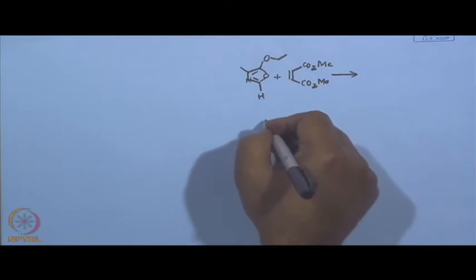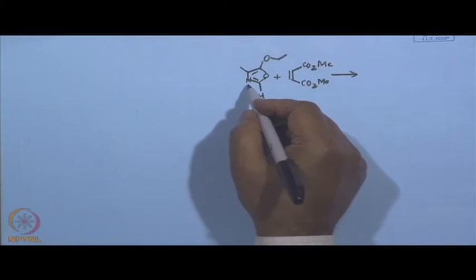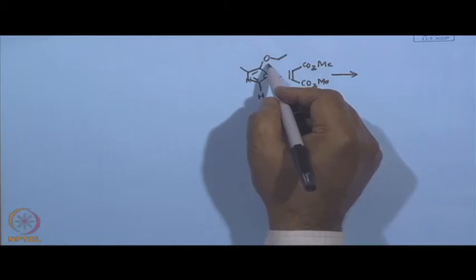Of course, once you have written it here, it means it has to be feasible, but what is the background? It is very similar, but with nitrogen. So, what difference does nitrogen make here? What do you expect? Nitrogen makes it a little electron deficient, right? But that is compensated by the electron-donating ethoxy group.